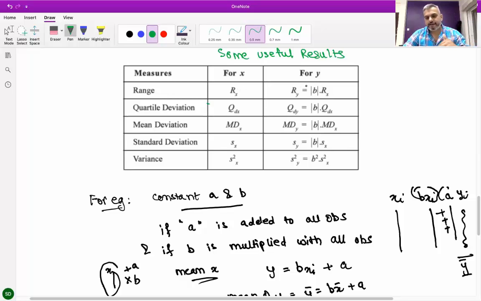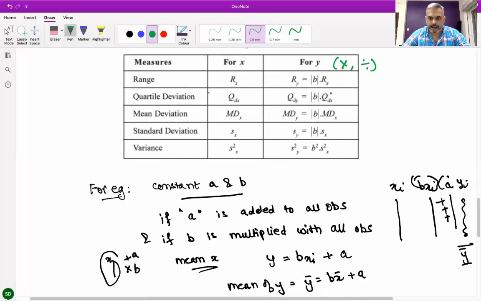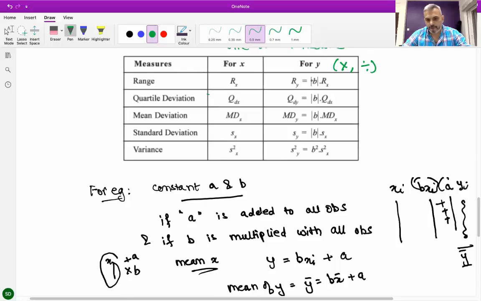But if anything is multiplied or divided, that is change of scale. Now in this result we are multiplying, so in that case you have to use this. The new range will be the modulus of b, the constant with which we are multiplying, into range. For quartile deviation, again b into range.